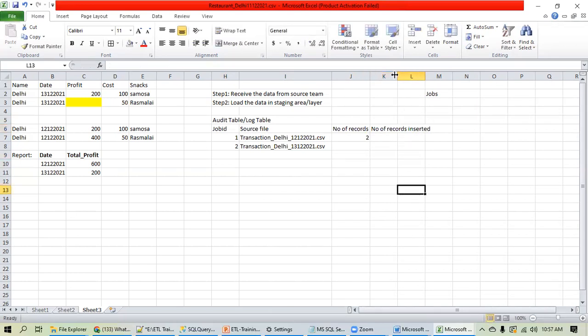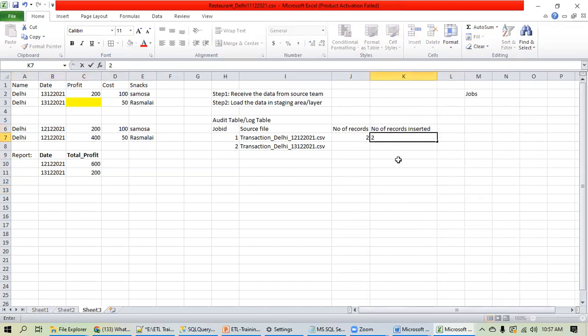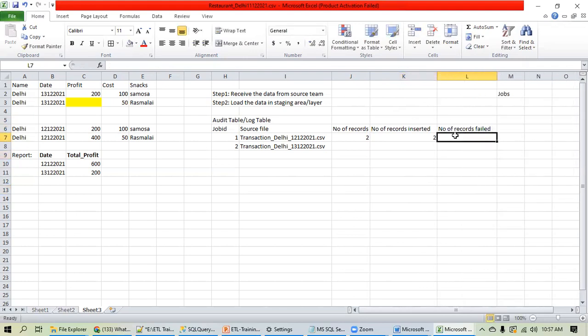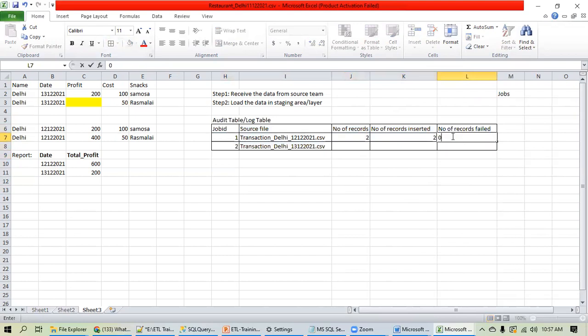On 12th December you received only 2 records from the source team, and both records are inserted, so it will show 2. Next column is number of records failed. So what will the value for number of records failed here? 0. Because both the records were inserted.